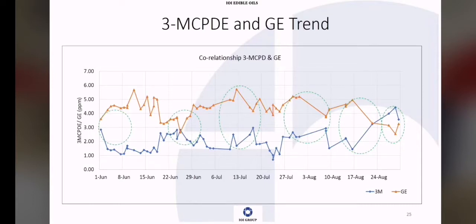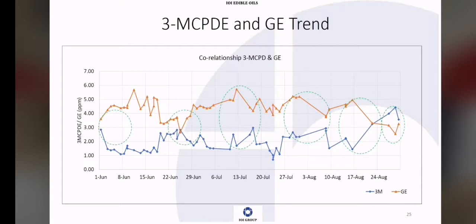Now, this is a graph showing our own plant record of 3-MCPD and GE while it is being processed in the plant. If you look at the trends, you will see that it's almost a mirror image. Unfortunately, because I can't use a pointer, I can't show you that.